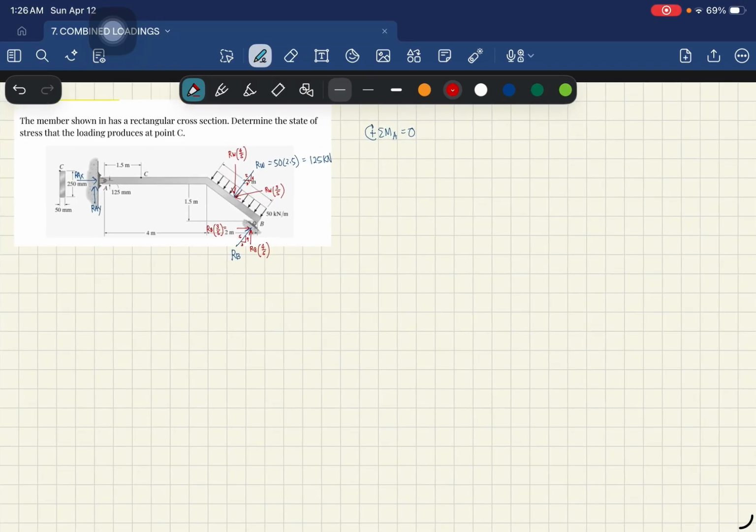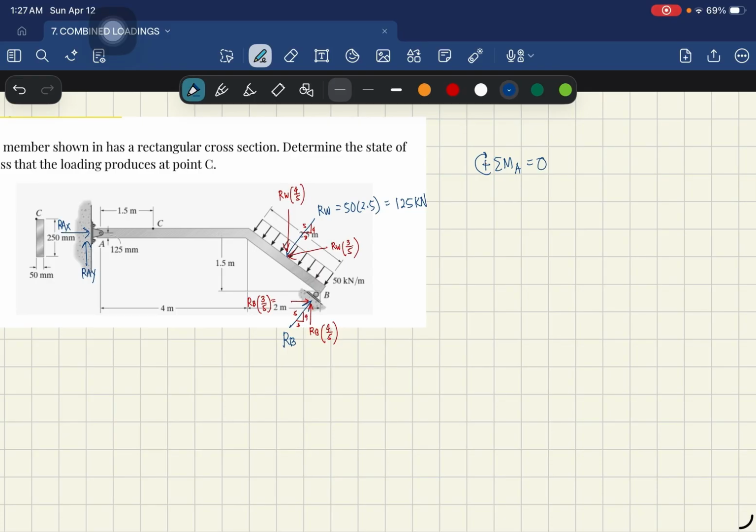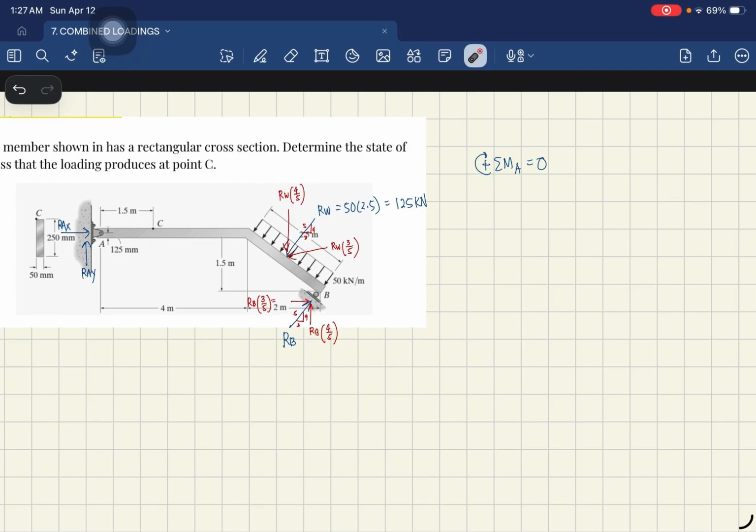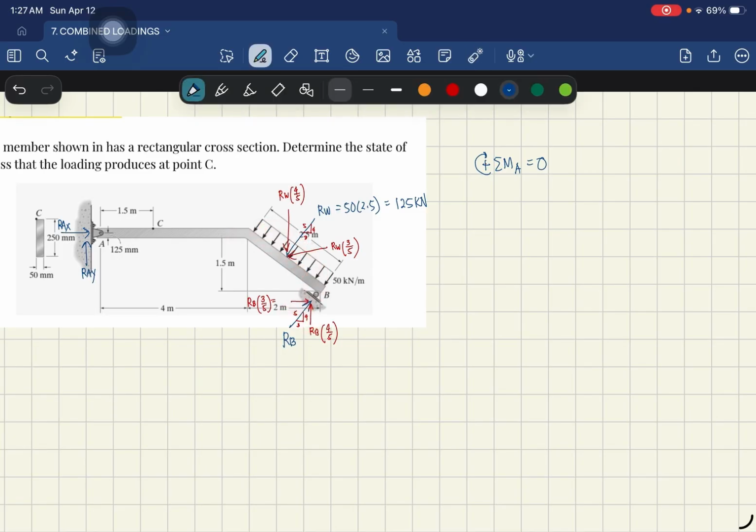Okay, so solve natin yung reaction at B, where we are going to take a moment at point A. So, positive yung mga clockwise direction. Meron bang clockwise direction dito? Clockwise. So, ito clockwise. Ito din clockwise. Itong horizontal and vertical component ng B, parehong counterclockwise.